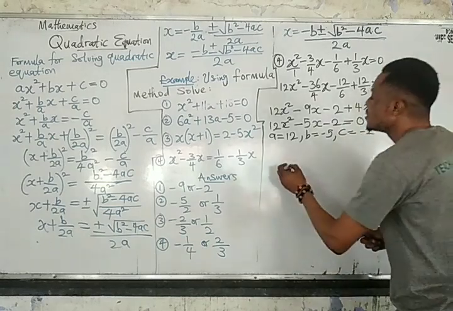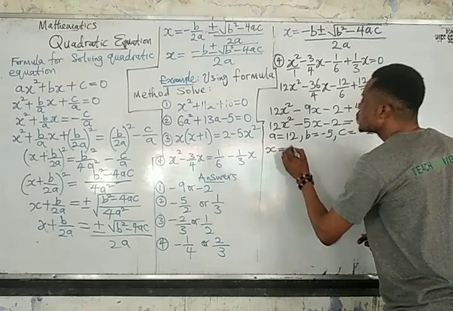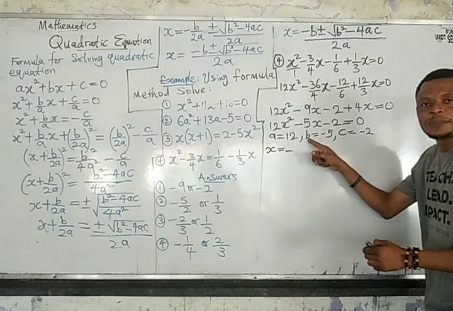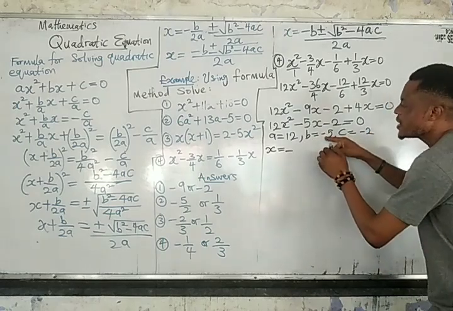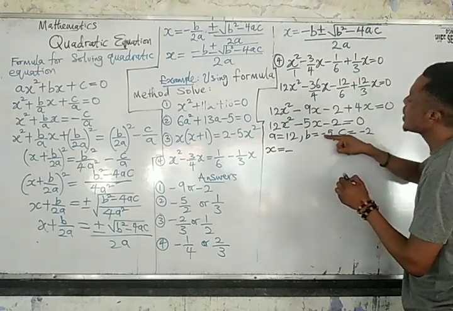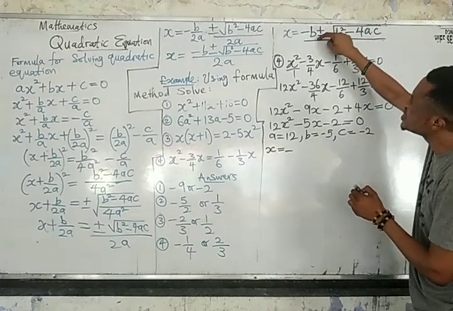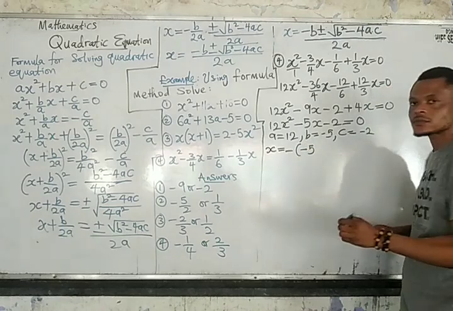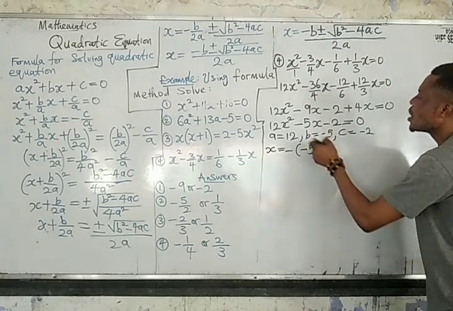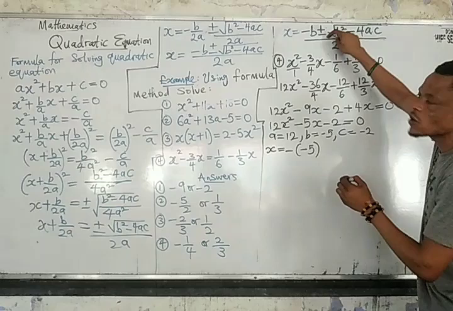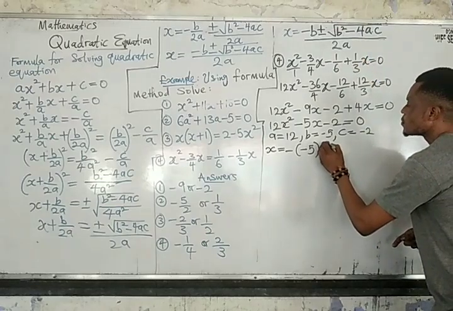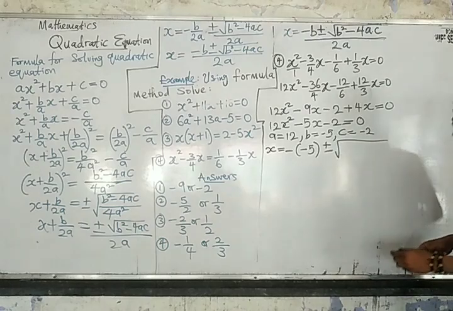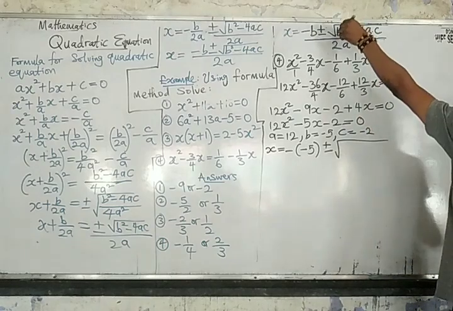Let's place it into the formula. Our x is going to be equal to minus, what is our b? Minus 5. Don't forget, minus here, I've written it. Now, minus 5, because b is minus 5, of which we close that bracket, plus or minus follows. Then we have the square root, so the square root is b squared.